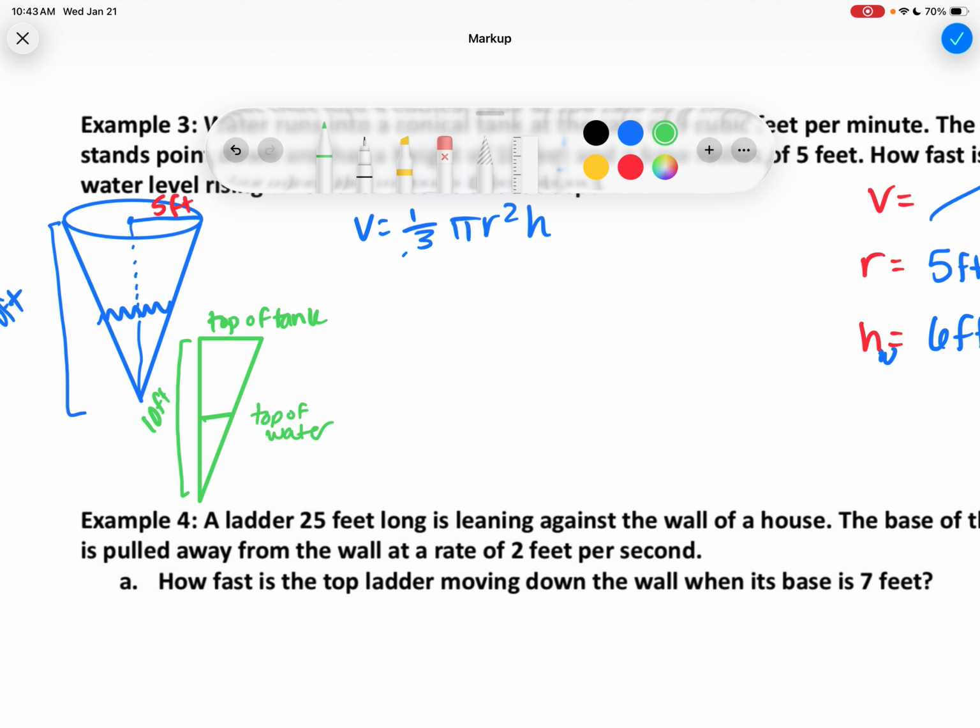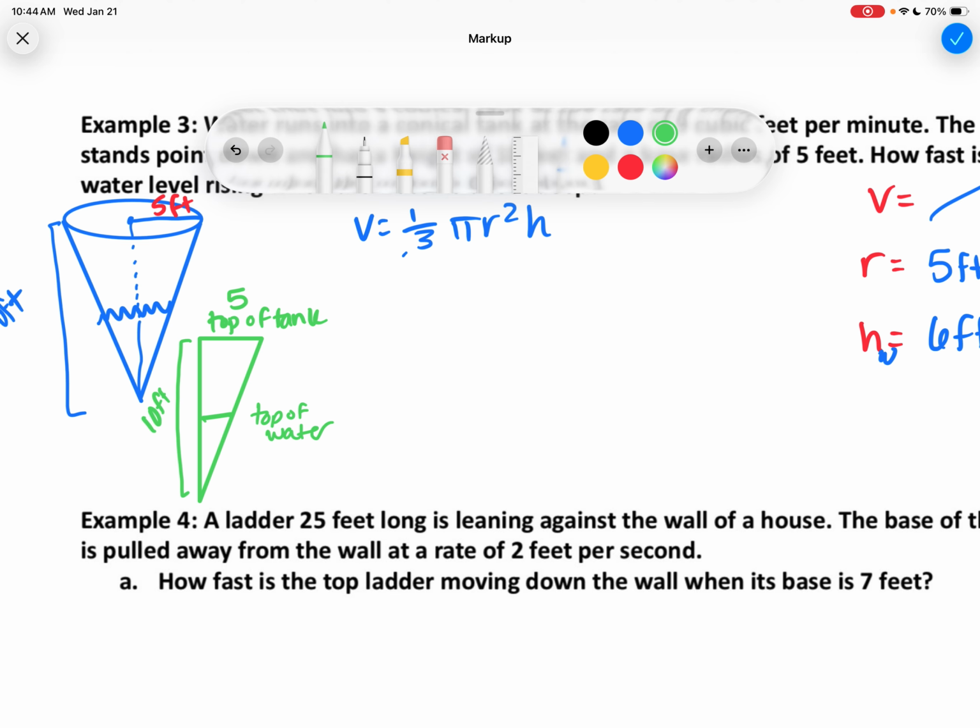Let's do that. And then, let's see, what else do we have? Top of the tank. Oh yeah, thank you. This is 5. I'm going to just put this up here. I know I have some other piece of information. What is it?